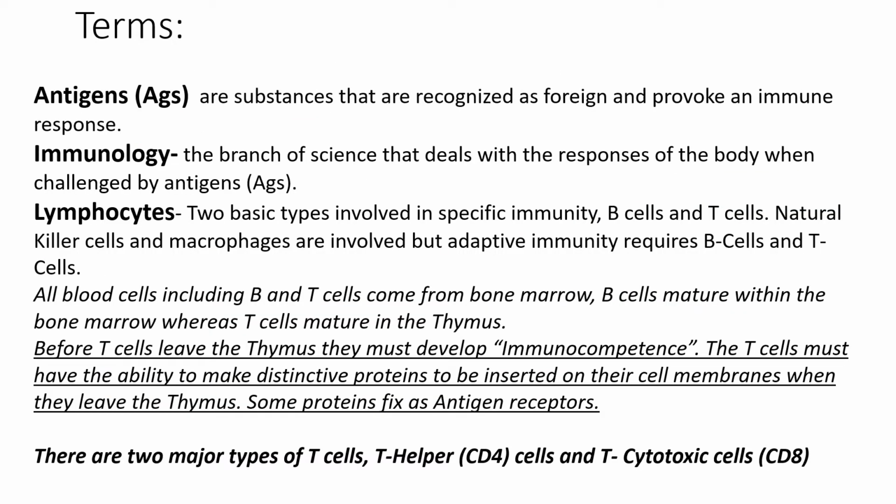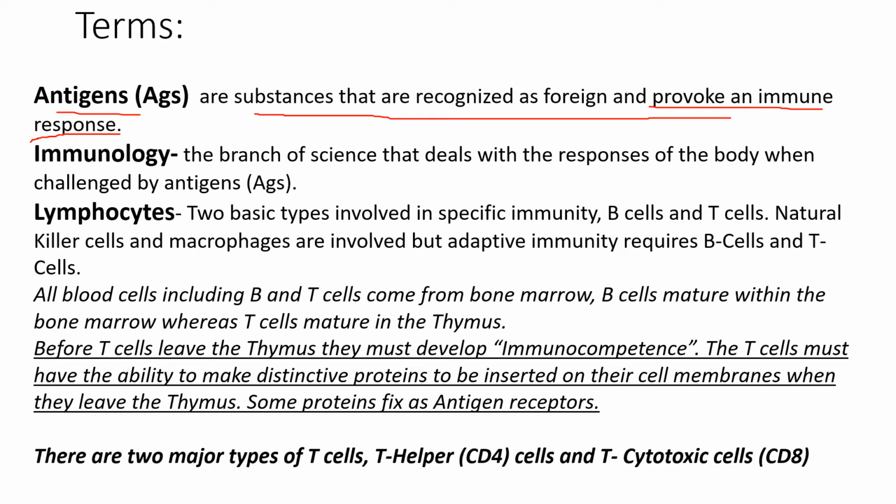So we're going to go over a couple of terms here. One term is antigen. Of course, you must know that by now, that it's a substance that is recognized as foreign, and it can provoke an immune response. Like on guard duty, if you have a person from another army coming in who's your enemy, it wouldn't be good to just let them come in the gate and do whatever they want to do.